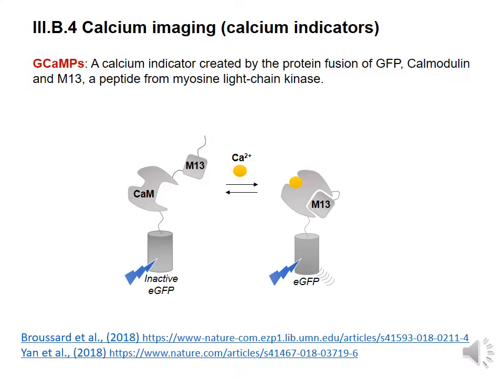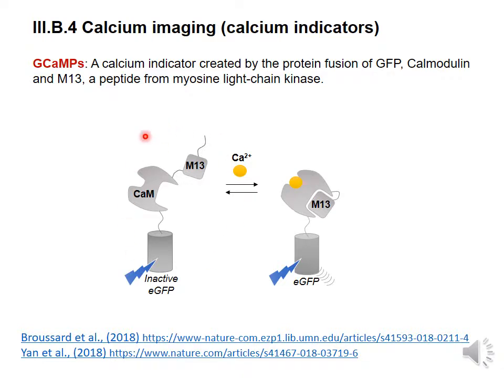Another application widely used in neuroscience is the use of chimeras for calcium imaging, or calcium indicators. GCaMPs are calcium indicators created by the protein fusion of an inactive GFP protein, fused to calmodulin and M13, which is a peptide from a myosin light chain kinase.